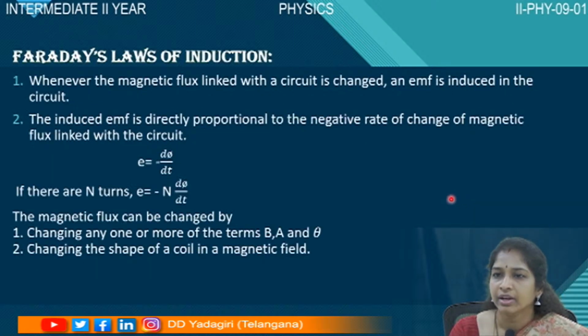So that is why the change in the flux is depending on magnetic field induction B, area A and the angle between B and A. So if there is a change in the magnetic field induction, there is a change in the flux. Or if there is a change in the area, there is a change in the magnetic flux. If there is a change in the angle between B and A, then also there will be a change in the magnetic flux. So due to this change in the magnetic flux, EMF can be induced.